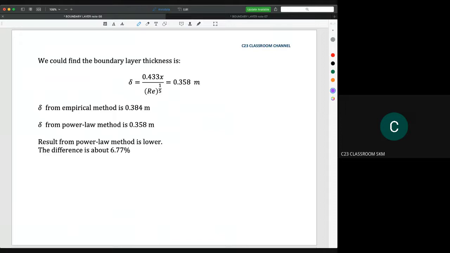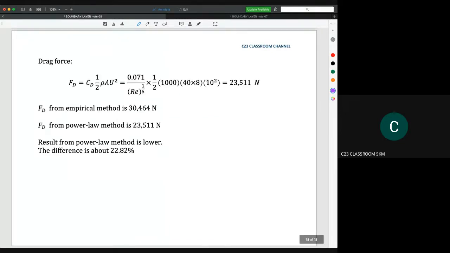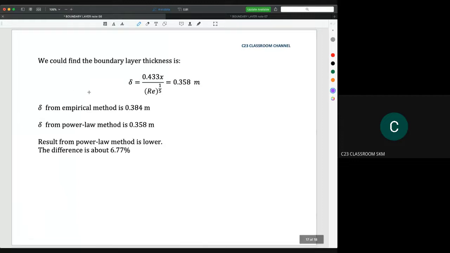However, if we calculate the drag force according to the power law form, we could calculate the value of CD here. You know that we already could calculate the value of delta, and then you do the integration work again and again.